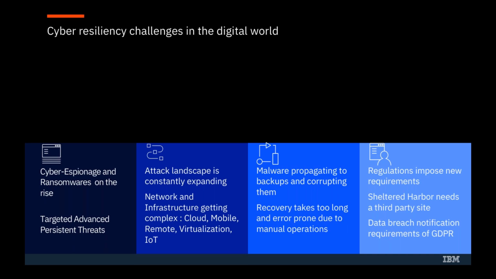And then lastly, we see significant regulations that are imposing new requirements, data breach notification requirements that are coming with GDPR. In the United States and other places, we're seeing financial sectors choosing to join Sheltered Harbor to try to avoid more significant regulations.